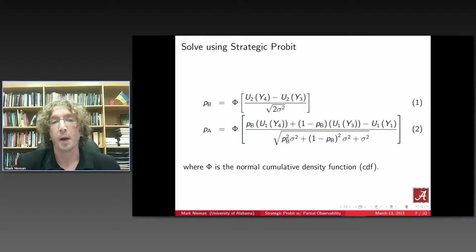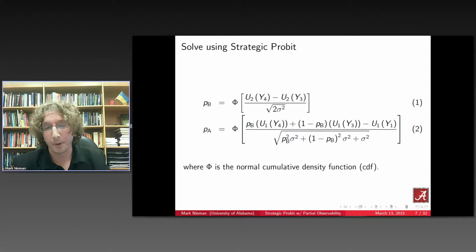So if we calculate the probability of action B occurring, we simply take the utility for outcome Y4 and subtract the outcome from Y3, over some level of uncertainty. And we take that probability and plug that into an equation where we look at the probability of action A occurring, which has to account for the probability of B occurring at all.